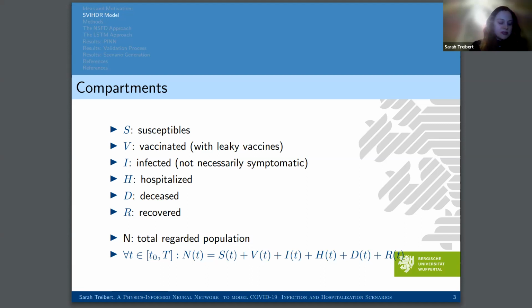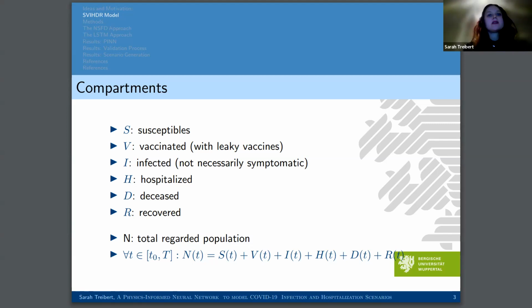And then we've got the hospitalized compartment. It includes infected people that are no mild cases and go to hospital. We've got the deceased compartment. It includes those people who died for reasons related to COVID-19, and the recovered compartment of people who have overcome the infection or disease.